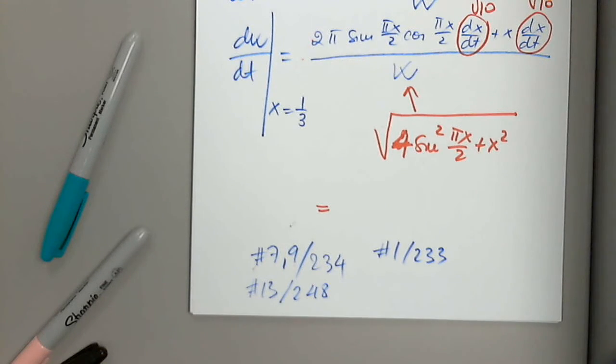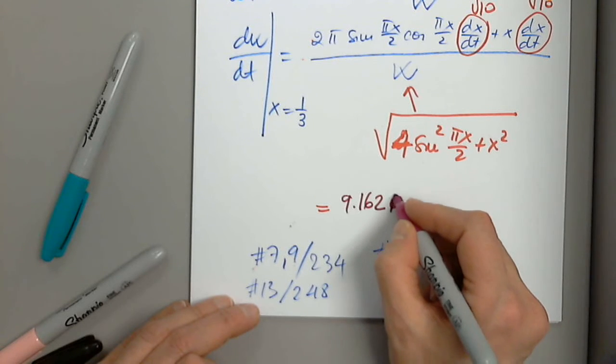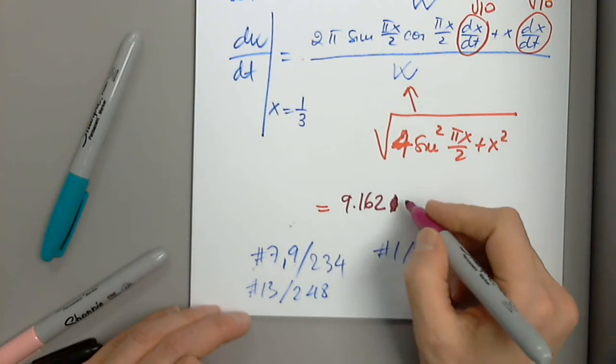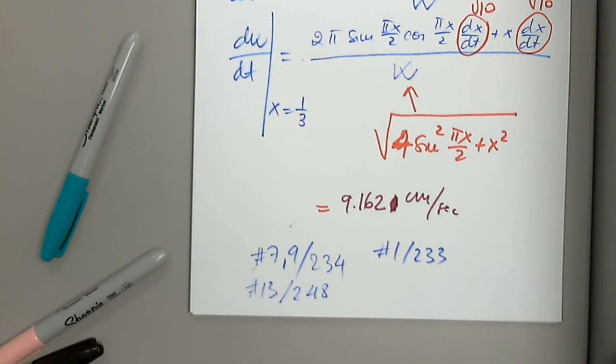Here's what I got. 9.1621, and this is in centimeters per second. Double check my numbers. Don't trust me today with numbers.